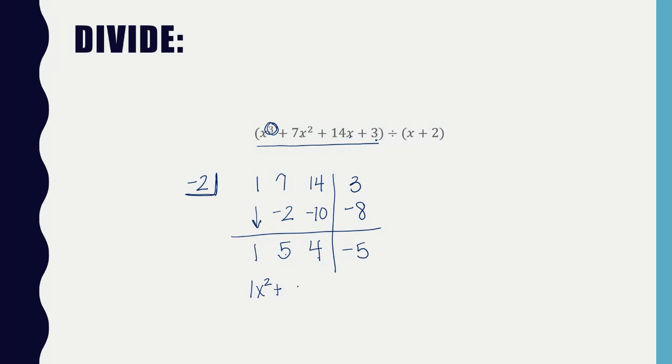Plus, then I'm going to go to my next one, 5x plus 4. And then remember that your remainder goes on top of whatever you are dividing by. So -5 over x plus 2. Okay? I have divided again, used my synthetic division, then I write my answer in polynomial form.